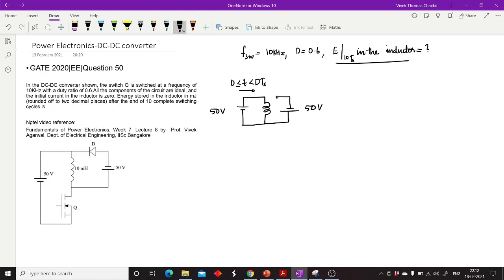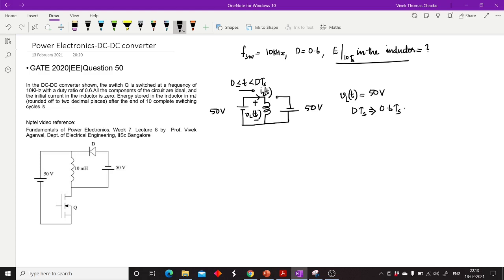Here I am taking the polarity of the inductor like this, so this will be my inductor voltage polarity. The inductor current direction I am taking this way. So in this case, the voltage across the inductor vL of t is 50 volt, and this interval is for a duration of dTs, which is equal to 0.6 Ts.